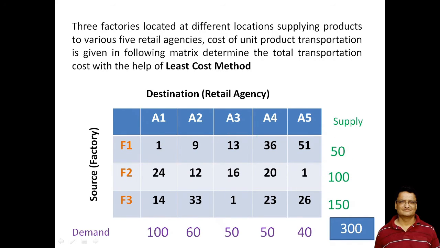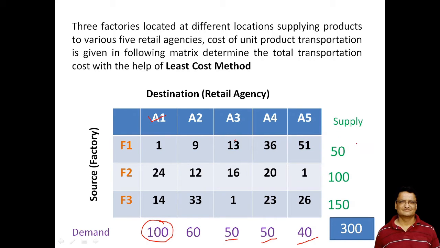The retail agencies have certain requirements or demands. A1 has a demand of 100 units, A2 has a demand of 60 units, A3 has a demand of 50 units, A4 has a demand of 50 units, and A5 has a demand of 40 units.